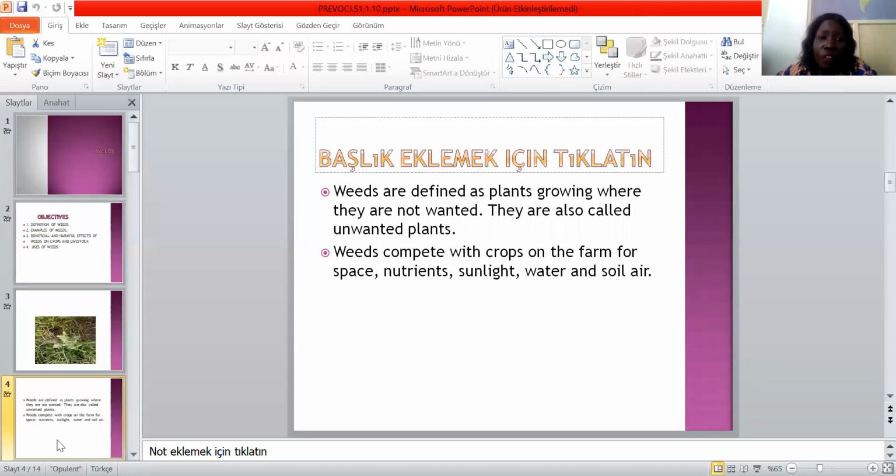They compete with crops for space, for soil nutrients, for sunlight, for water, and also soil air. Weeds on your crops will make your crops not grow very well. They reduce the yield of crops and they also affect the quality of crops on the farm.